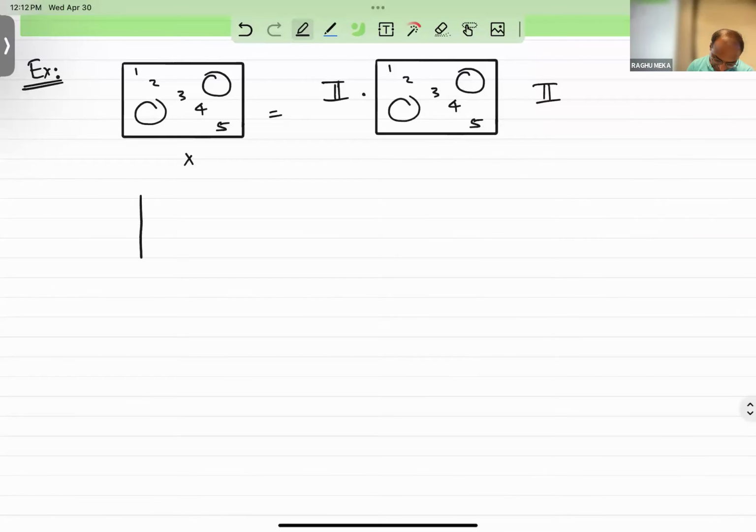Okay. Now, how about something like, let's say, what would be a factorization here? I can't use the same thing as I did earlier, because even though this is a diagonal matrix, it has a negative entry. Whereas in SVD, we require that the entries of sigma be non-negative, right? So how can I get around this? So what would be an SVD then?